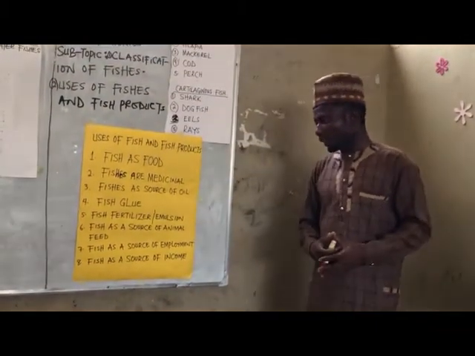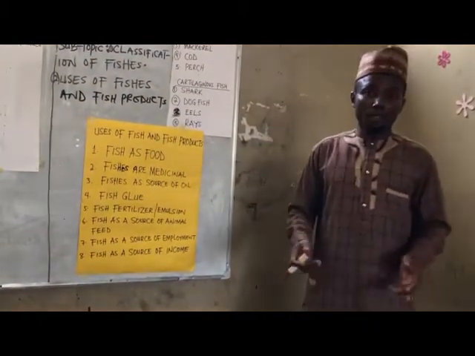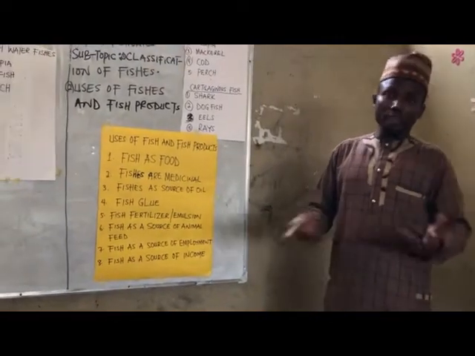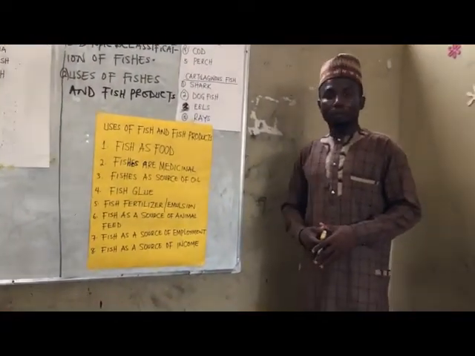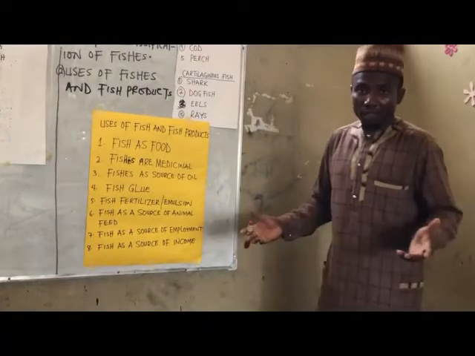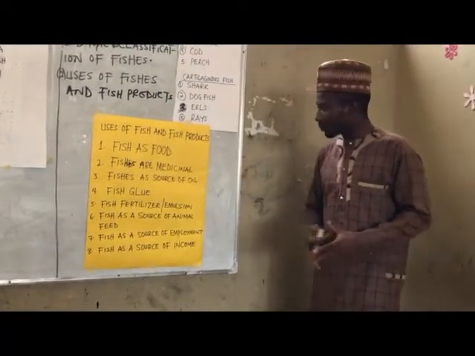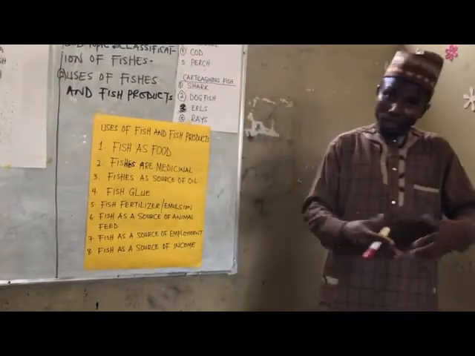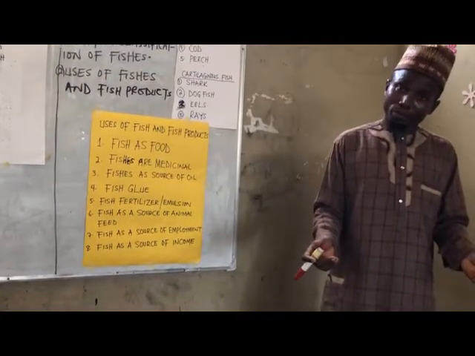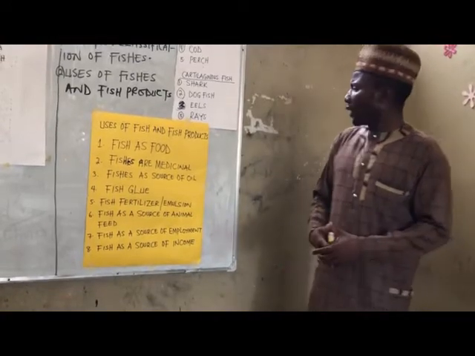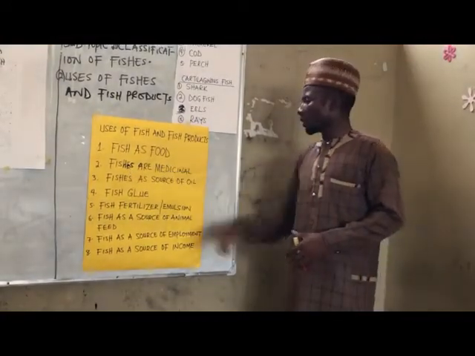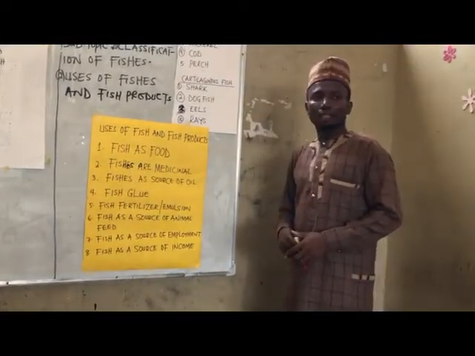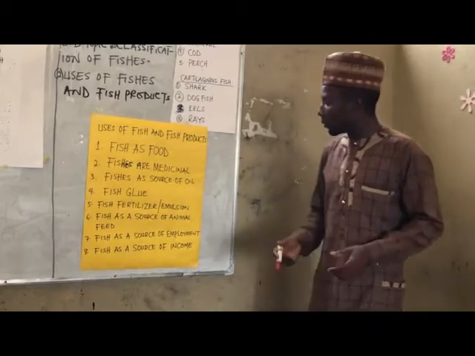Diseases like cardiovascular diseases, that is disease of the heart. It prevents you from malaria. It can prevent somebody from yellow fever, and so on. So that is how fishes are medicinal. It prevents some diseases.